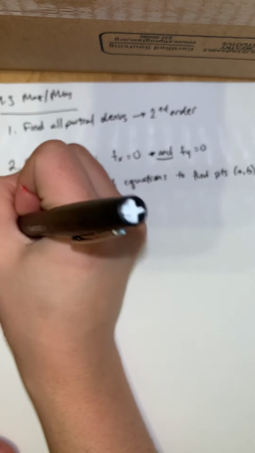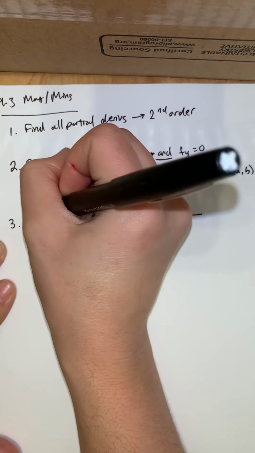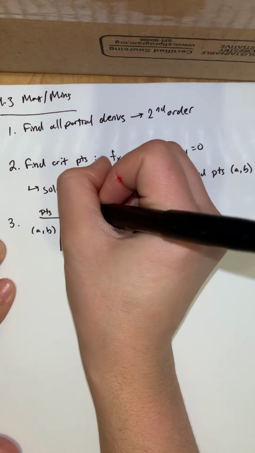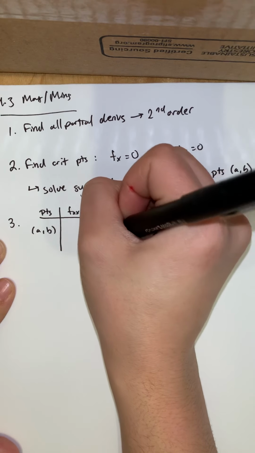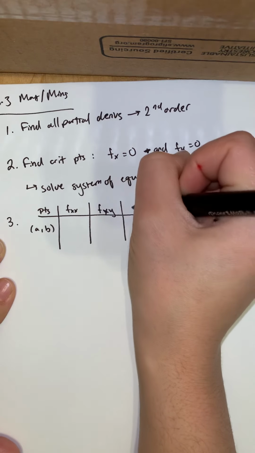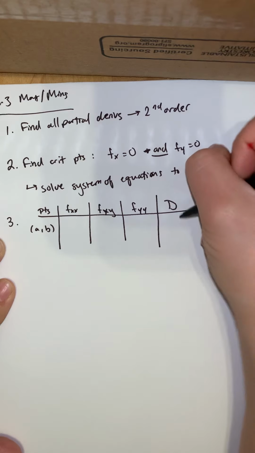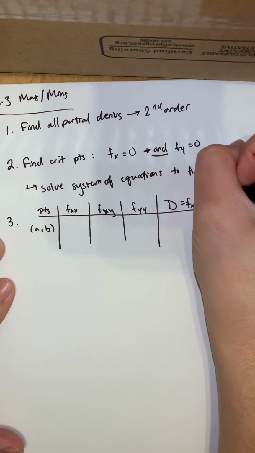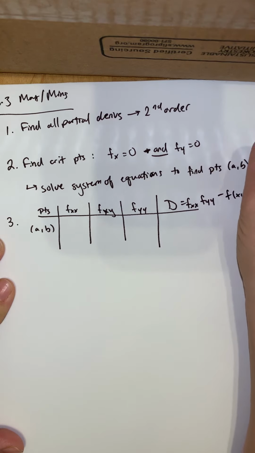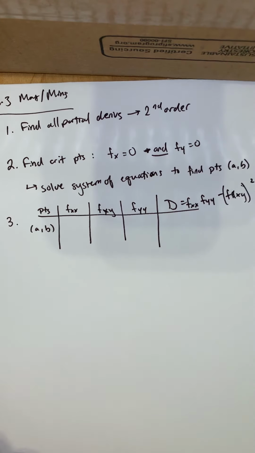Now, step 3, we are going to make a chart where I have my points, a comma b, and then I'm going to just plug them into f sub xx, f sub xy, f sub yy, and then we had our discriminant, D, which equals f sub xx times f sub yy minus f sub xy squared.